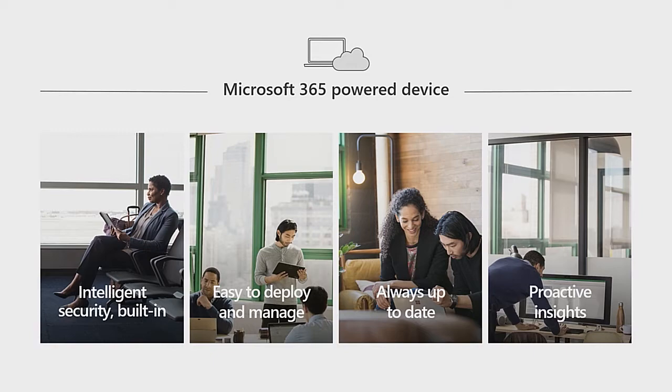They want it always to be up to date, so that you don't have to keep doing these big deployment projects every few years. And the last one is a new way of looking at how do you keep the environment healthy. We want to be able to proactively take actions based on telemetry that we can gather from the devices.